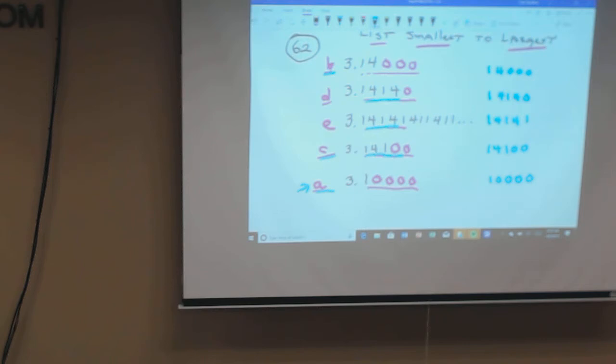Now I'm down to 2 left. Which one's smaller? 14140 or 14141? That one is. And then this is the largest. That's the largest, and that's the smallest. Everybody see how that works?